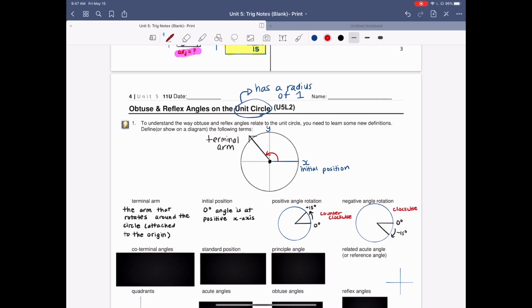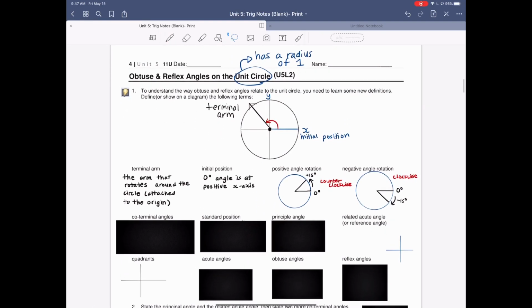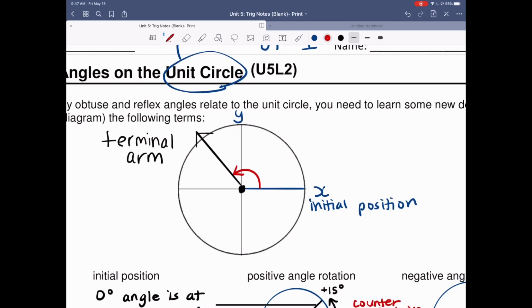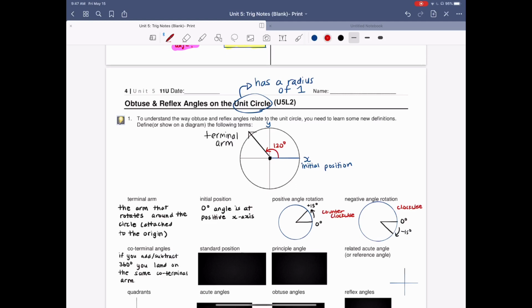We talked about the first four, now to the coterminal angles. Coterminal angles are when you add or subtract 360 degrees and you land on the same terminal arm. Let's interpret that for a second. Initially on my unit circle, I drew 120 degrees. A full circle is how many degrees? 360, right?